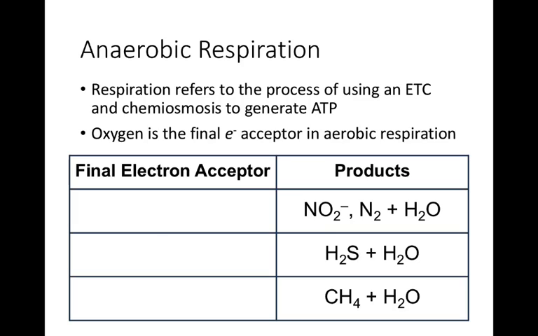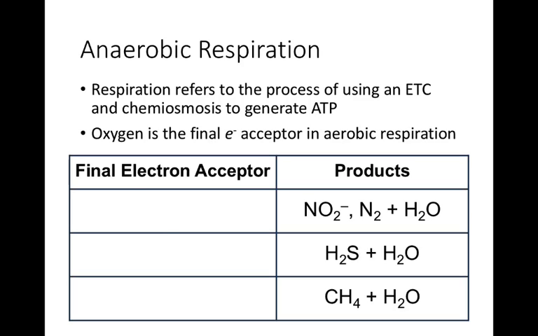So there are different forms of respiration. Aerobic respiration obviously refers to oxygen being used as a final electron acceptor. The alternative is anaerobic respiration. One of the things that is often tricky is that when we think of respiration, we think of what we do: breathe in, breathe out, and we think, yep, oxygen is being used.